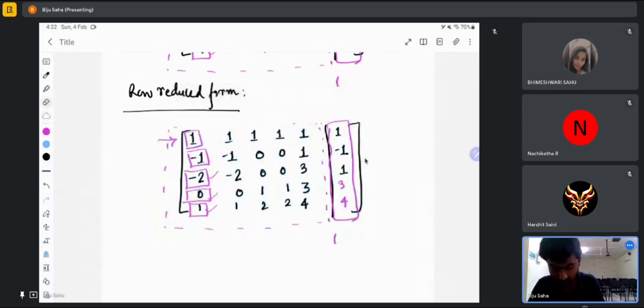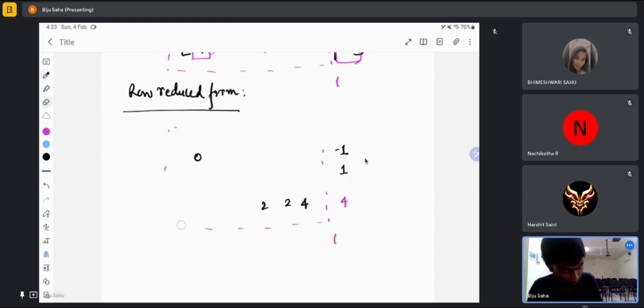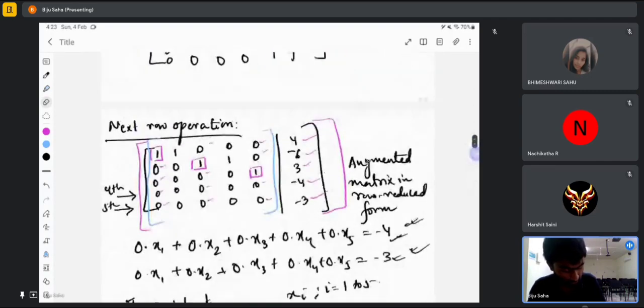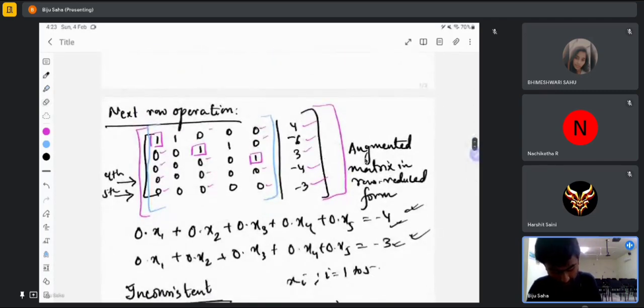It is almost similar to the row reduced form of the earlier matrix. The earlier matrix was like this, so I can just copy paste this part.